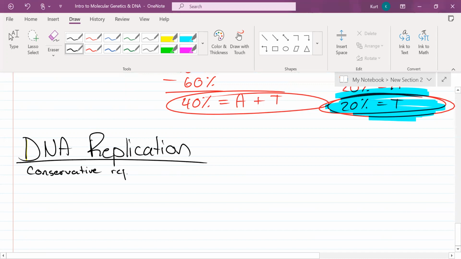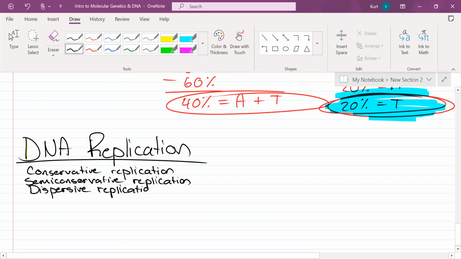Conservative replication. Semi-conservative replication. Dispersive replication. Template strand.